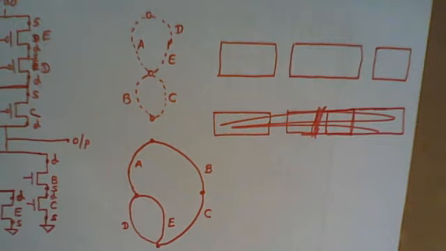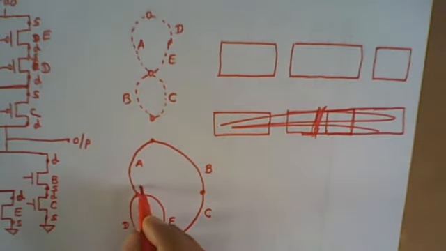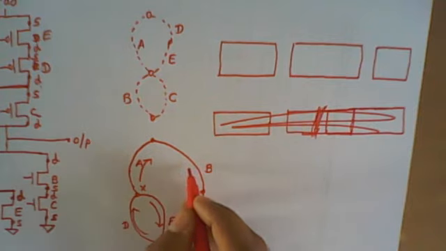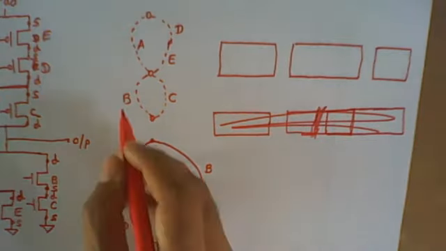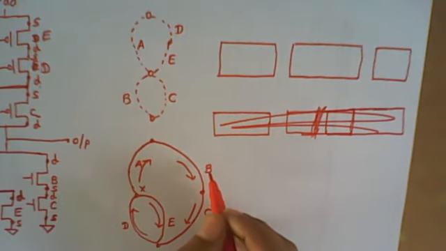So let's see one path from node X. So node X to E and then D and then A and then B and then C. So we have covered all the branches here without repetition. So here the path is first E, then D, and then A, and then B, and then C. Now let's see if this path is possible in a PMOSFET network or not. It should be possible for both the PMOS as well as the NMOS graphs.